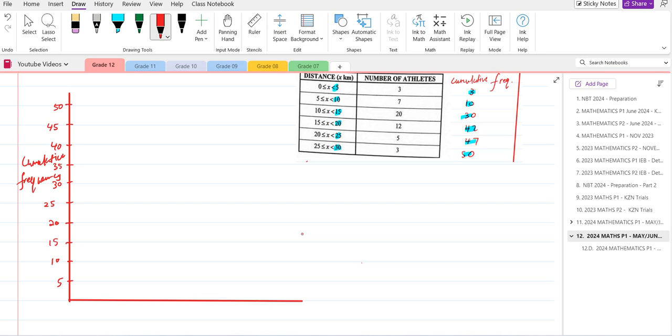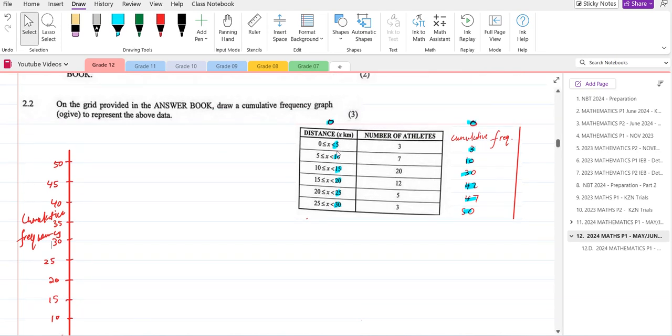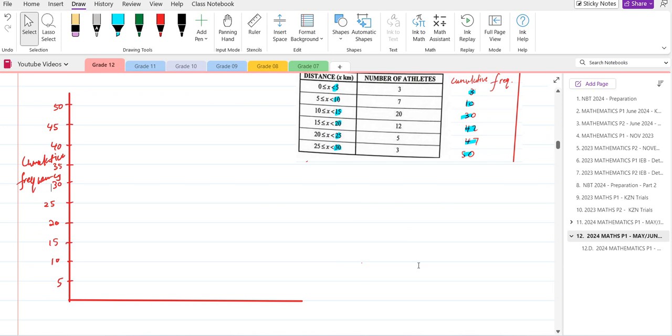On the x-axis, you're going to put the distances, the class intervals. So I'm going to try to use the same gaps here: 5, 10, 15, 20, 25, and 30.